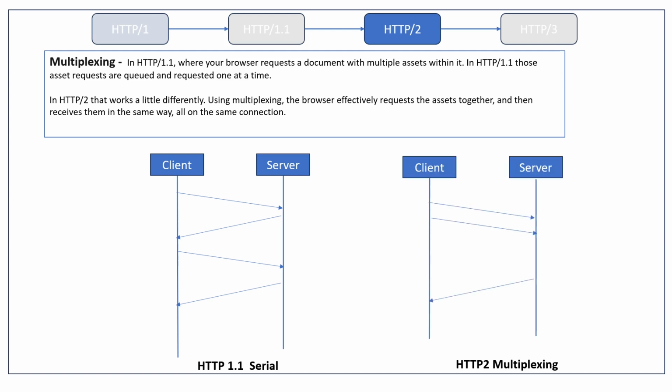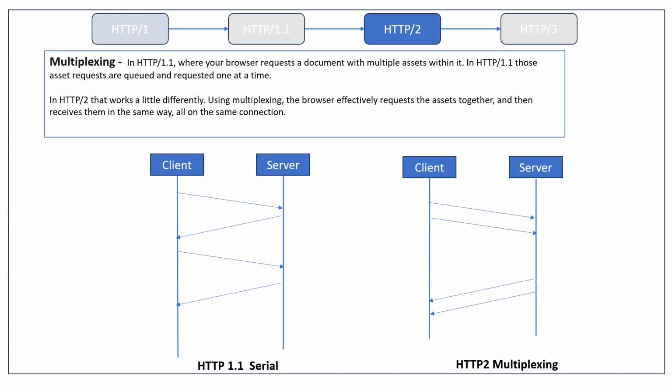So you can see here, in 1.1 every request is sent and received in the same sequence. But in HTTP2, we are doing multiplexing. So what is happening here? The browser is sending requests for assets together, and then receives them in the same way.